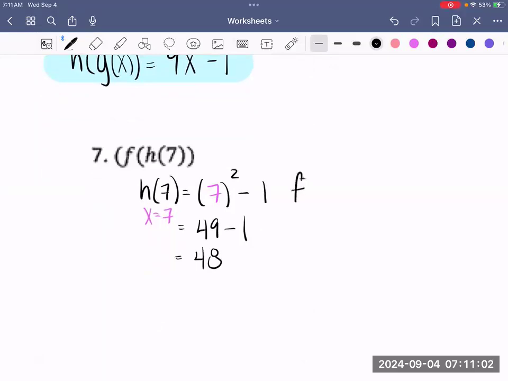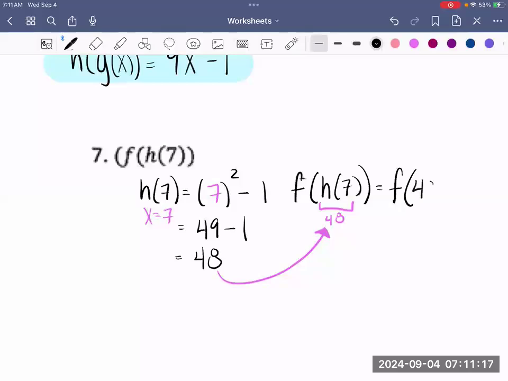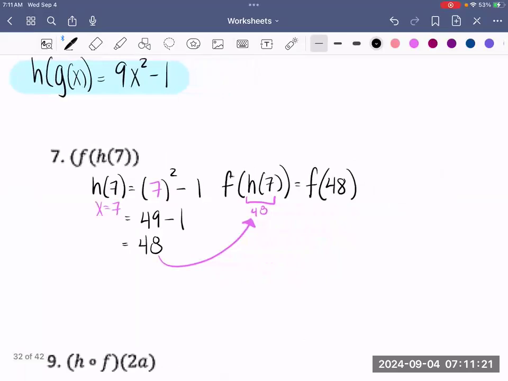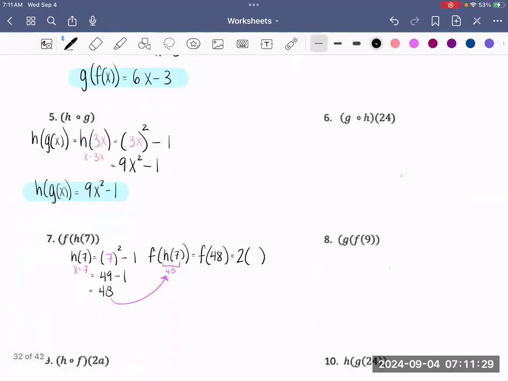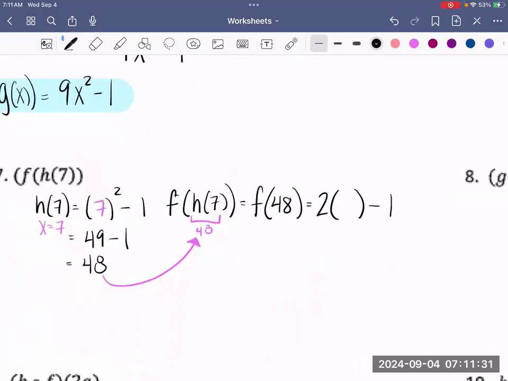So when we're asked for f of h of 7, we're really now evaluating, well, h of 7 came out to be 48. It is this amount here. So that is what we get to now evaluate for f of x. F of x, we said, is 2x, and I believe it was minus 1, 2x minus 1 here.